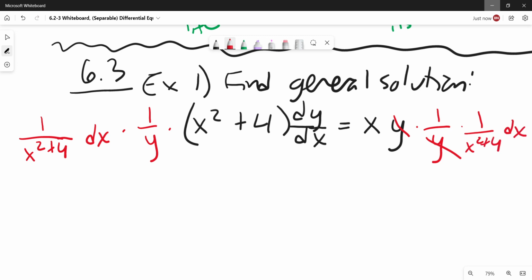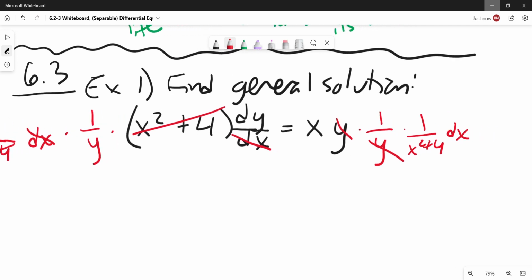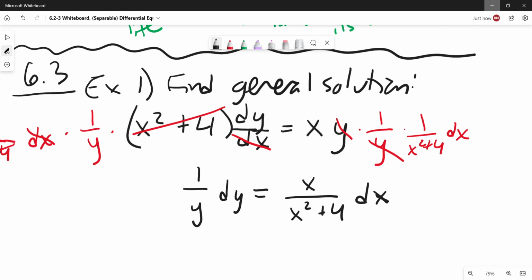So we're balancing everything, so that the dx goes away. This thing gets canceled. All right, so what do we have now? We have 1 over y dy equals x over x squared plus 4 dx. Okay, integrate both sides.